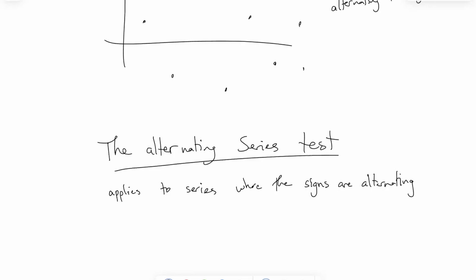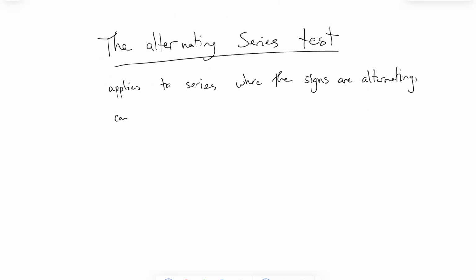You cannot use this to show that something diverges. You can use it to show that it converges, and if the test doesn't work, you still don't know if it converges or diverges. So it applies to series where the signs are alternating, and it can sometimes show it converges. The alternating series test can never show that something diverges. Even if it does diverge, the test will not show that.